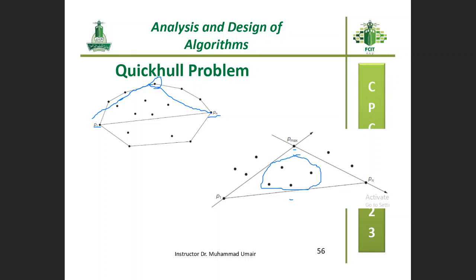Then you will be left with only the points which are either on the upper side of the right side or the upper side of the left side. Is that clear? The same work will be repeated for the lower portion. This is how you will keep on extending your search, and these points will be considered extreme points, boundary points.